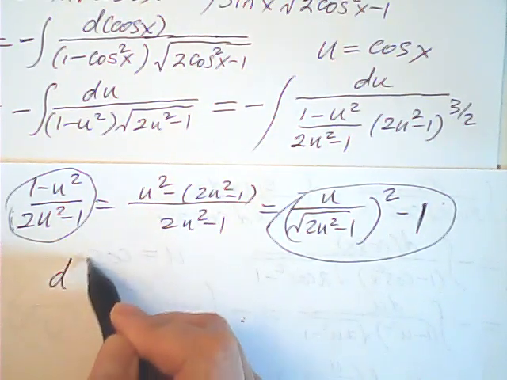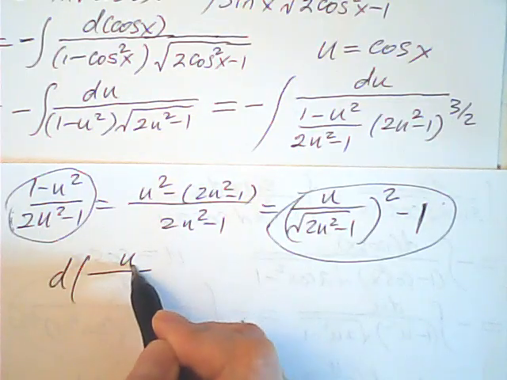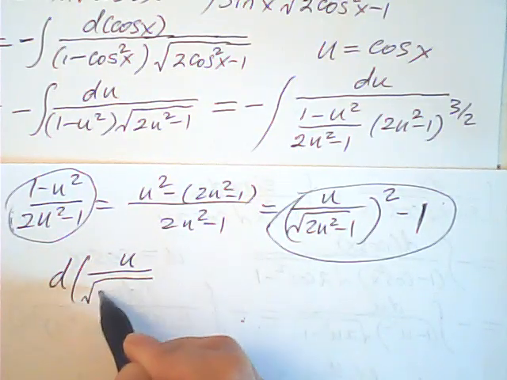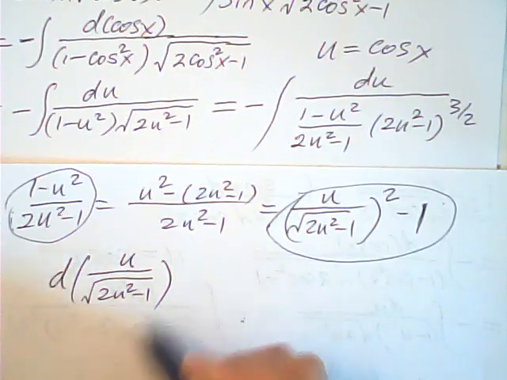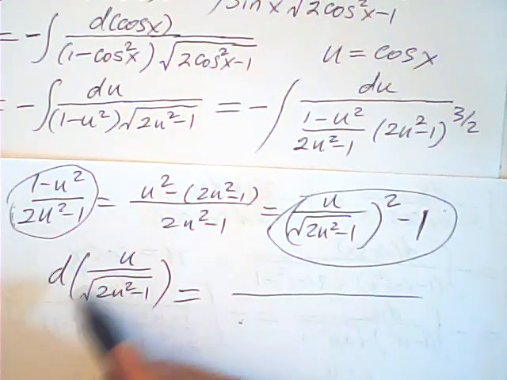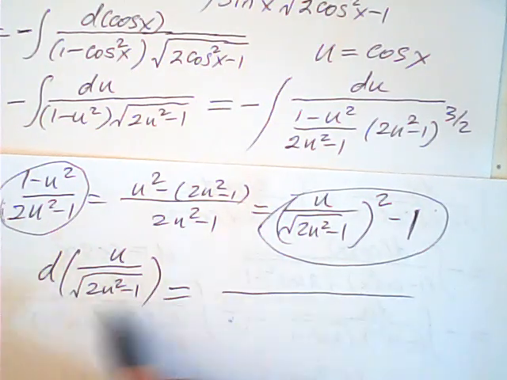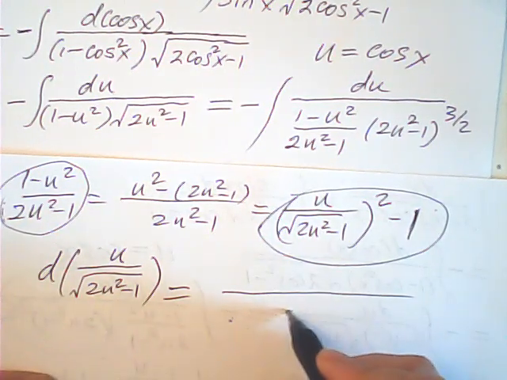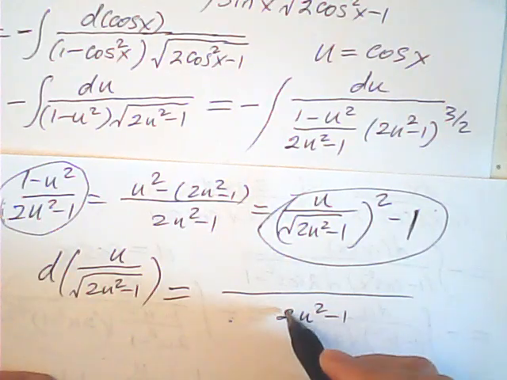The derivative of u over the square root of 2u squared minus 1. That derivative with respect to u, using the quotient rule, has denominator 2u squared minus 1.